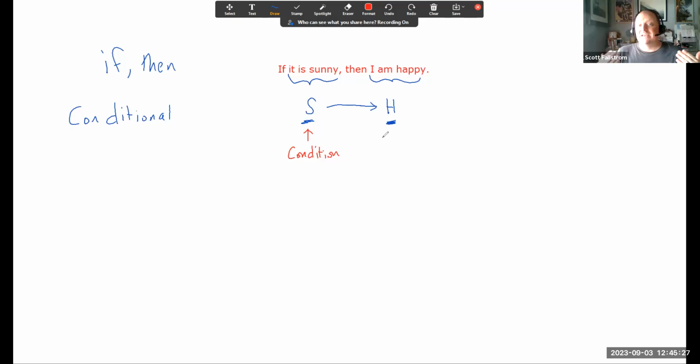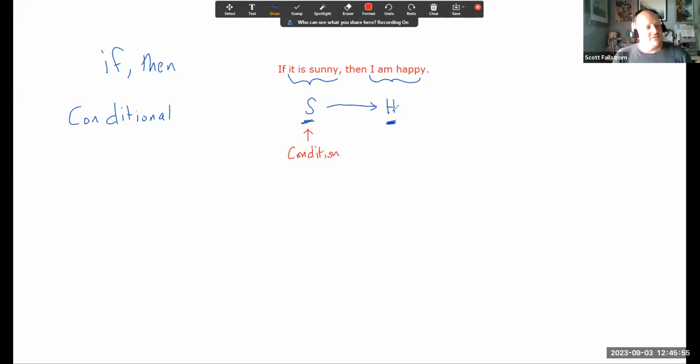I'm checking this condition. And it's if it is sunny, then I am happy. So in order to determine the truth value of this, we have to look at the individual components, right? And it's helpful to be thinking of what it would take to prove this false, okay?